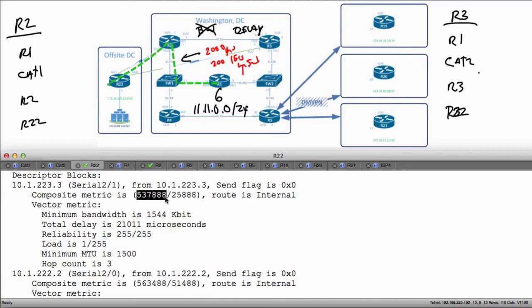Well, notice it's 537,888, and here notice it's 563,488. So notice the values are now different. The path through R2 is now 363, where the path through R3 is now 35788.